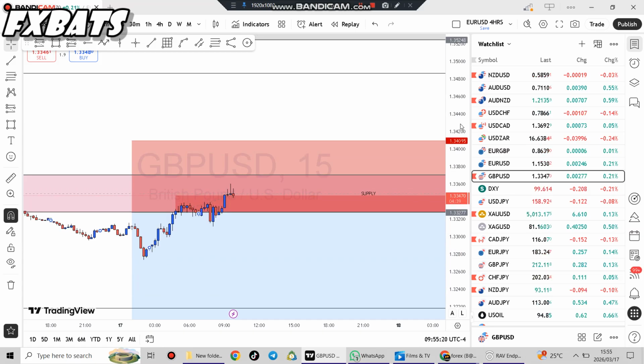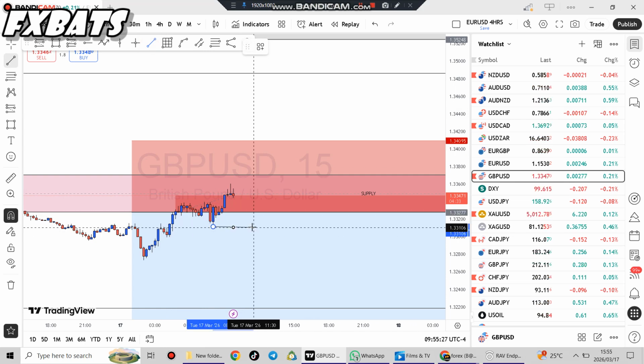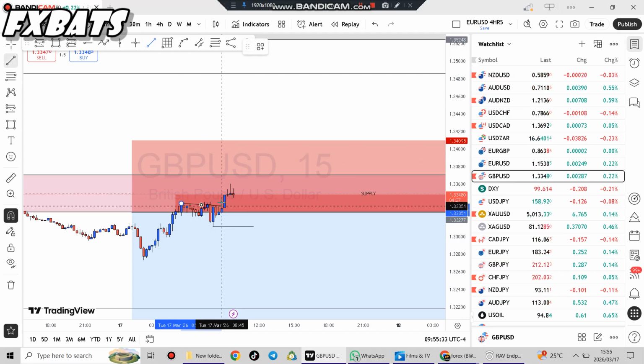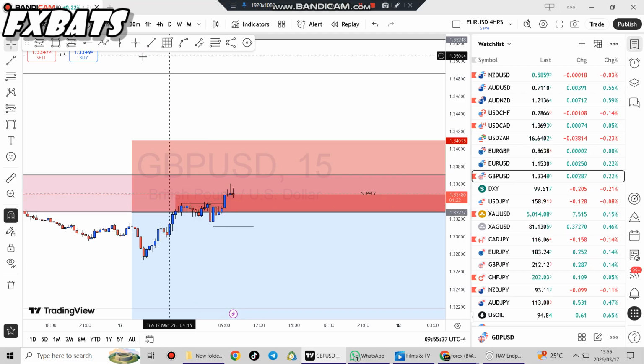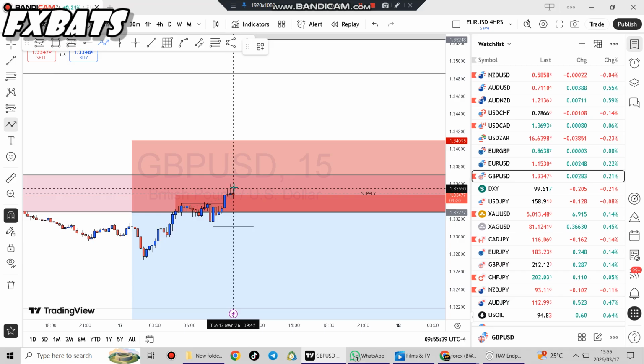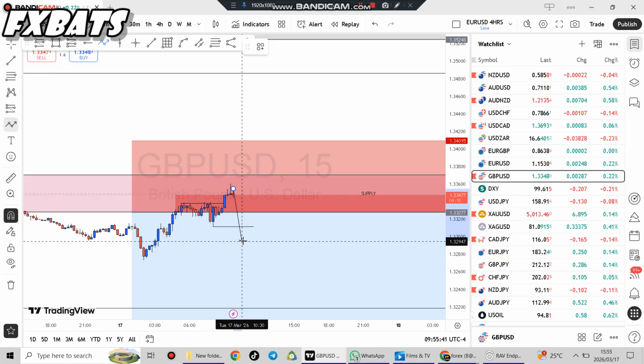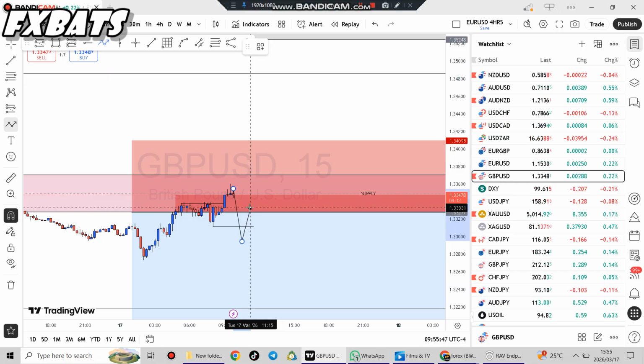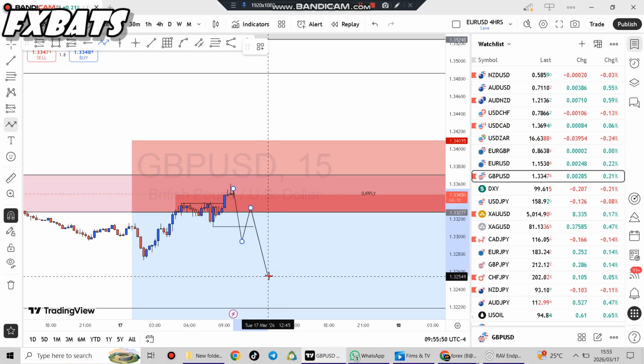If price gives me a shift of market structure on 15, a momentum shift, then I'll go ahead and sell it. I'll look for supply within this range on 15, of which I'll take sells.